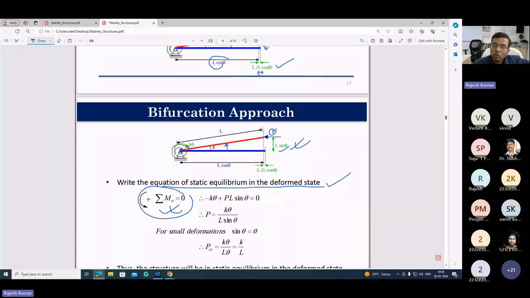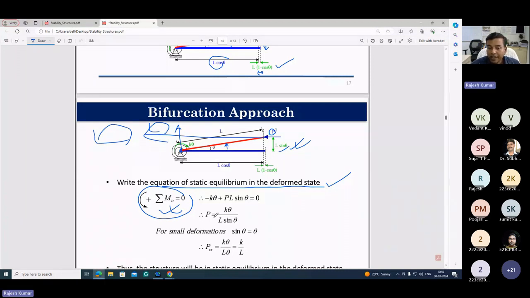What will happen? P load is there in these directions, and R is L sin theta. So R cross F will be like this, isn't it? Which is anti-clockwise.